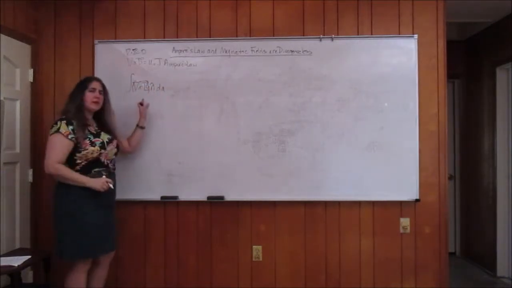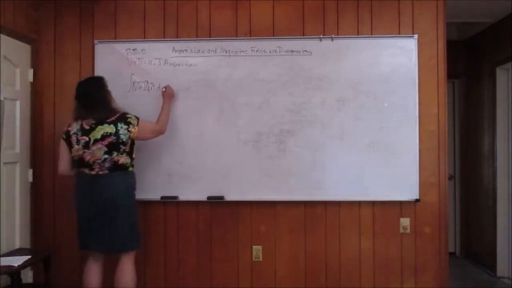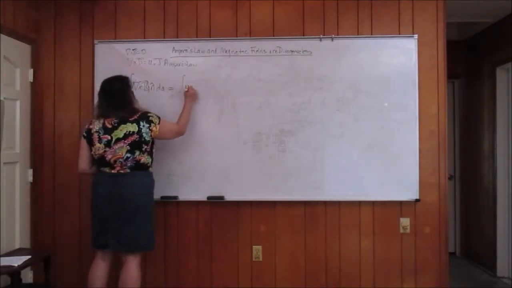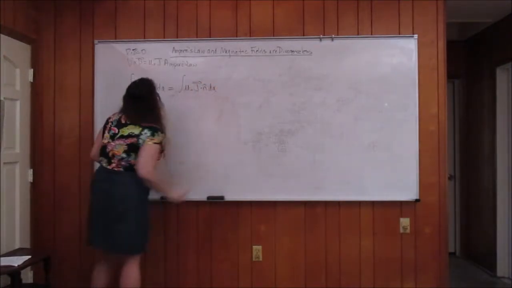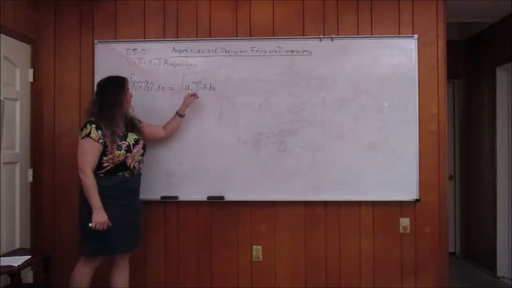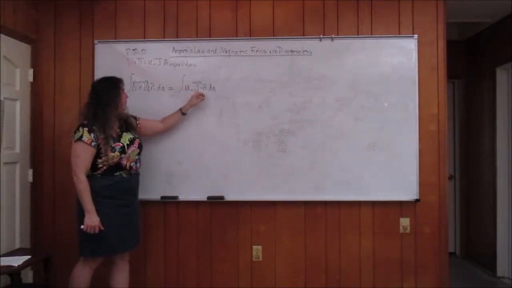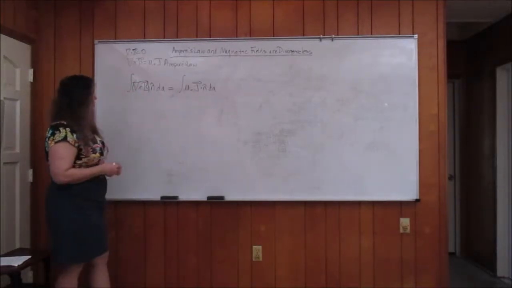Of the curl of the magnetic field, integrated over some surface, and that's equal to the integral over that same surface of the dot product of the volume current density and the normal to that surface.